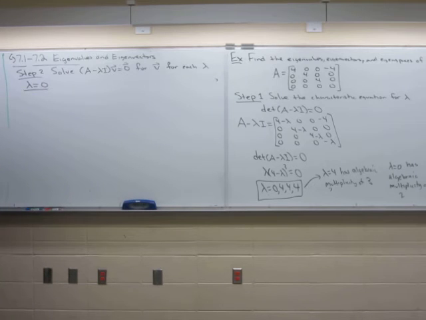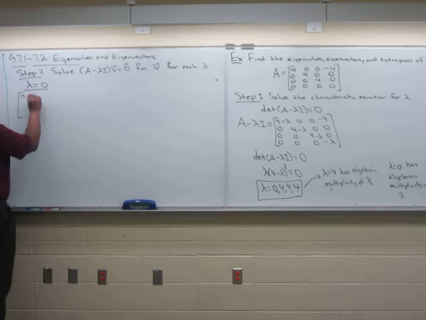So let's do lambda equal to 0. Wherever we say lambda in A minus lambda I, we replace it with 0. Guess what? It gives us back our original matrix, which means our original matrix was singular to begin with, which makes perfect sense because we have a row of zeros.